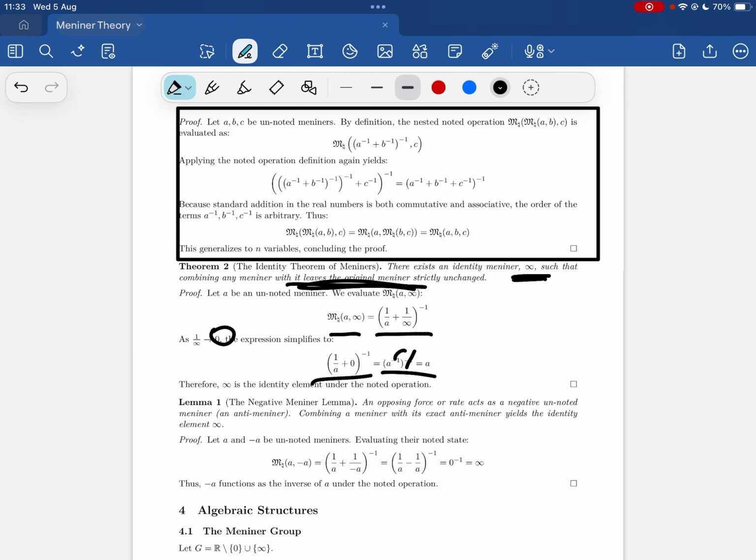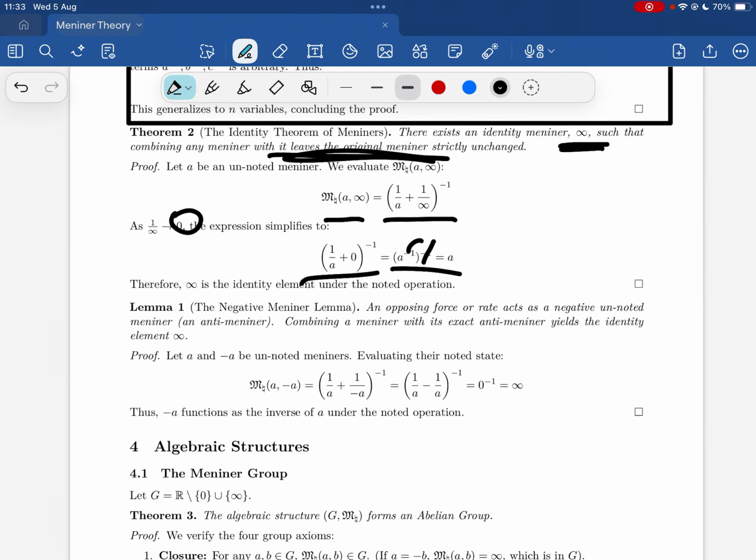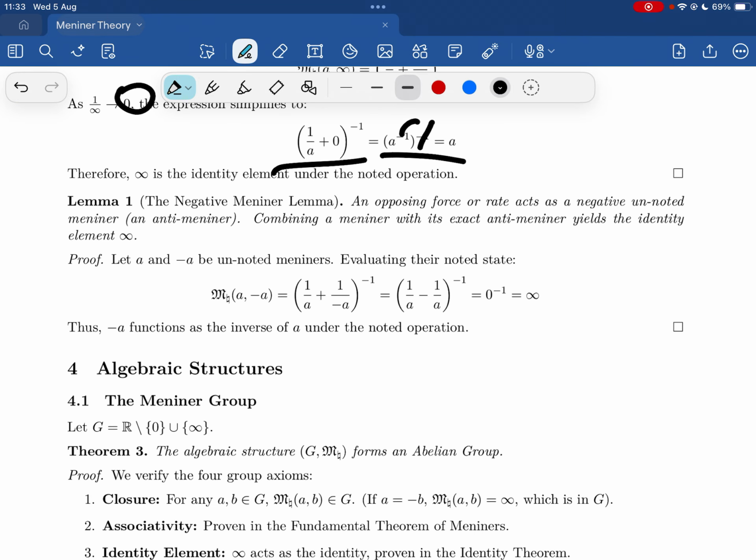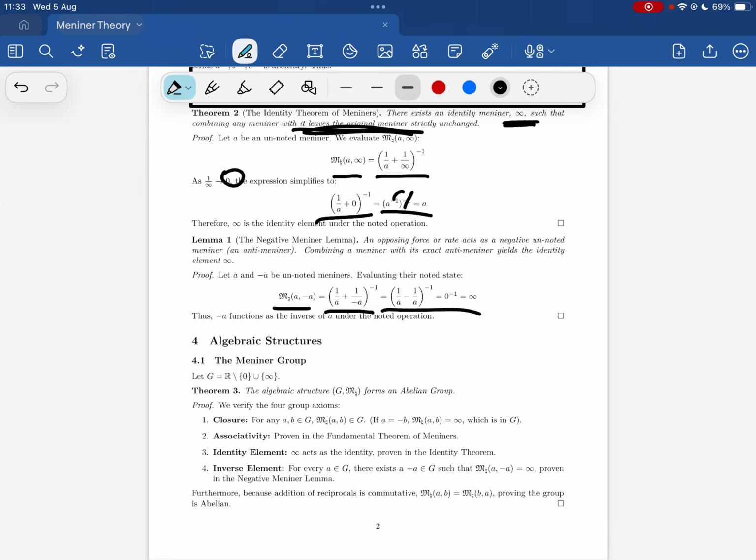So infinity is the identity element. And we can also show that there is an inverse element for noted Meniners, which is negative A, because (1 over A plus 1 over negative A) to the negative 1 power, by definition of what the noted operation is, yields 0 to the negative 1, which is infinity by convention. Therefore, negative A is the inverse of A under the noted operation.